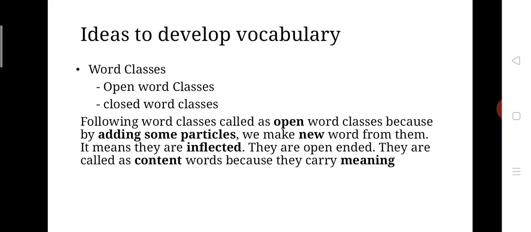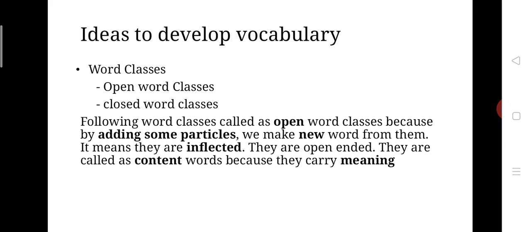This is the first part about word classes, open word classes and closed word classes. Already you learned what are the parts of speech. So this is only the revision of your parts of speech and how you are going to use it for development of your vocabulary and language learning skills.